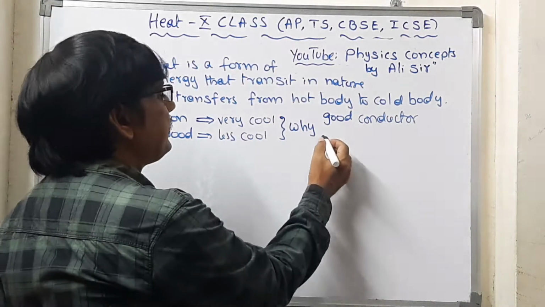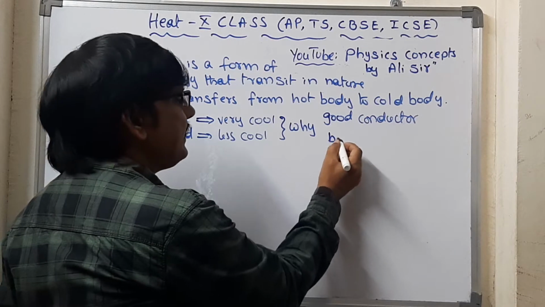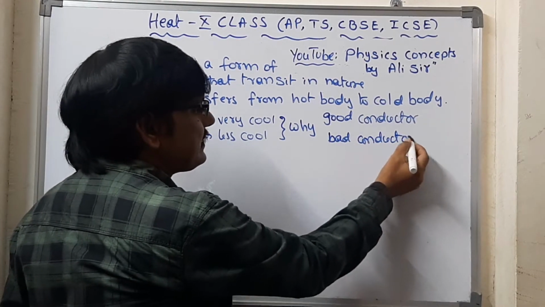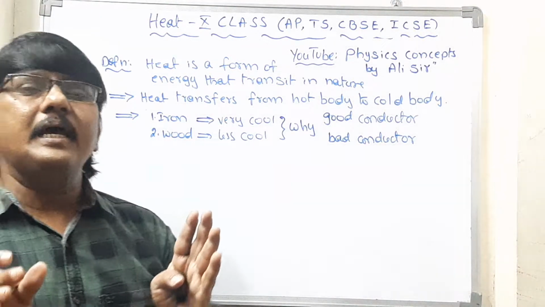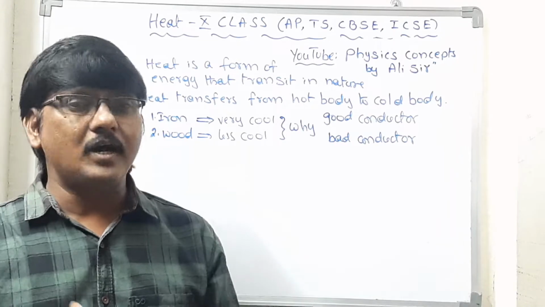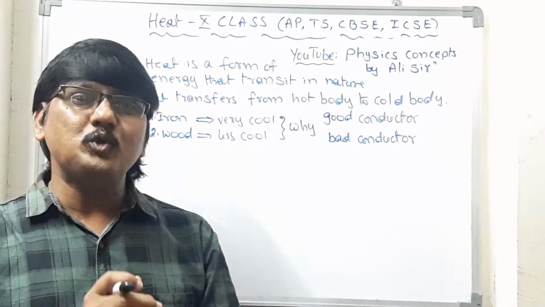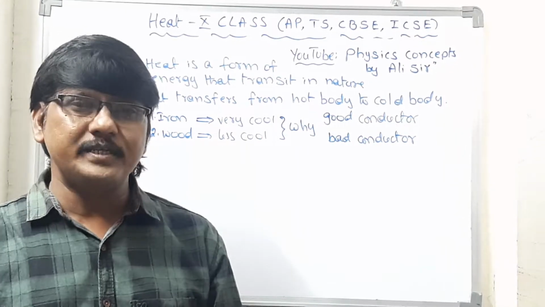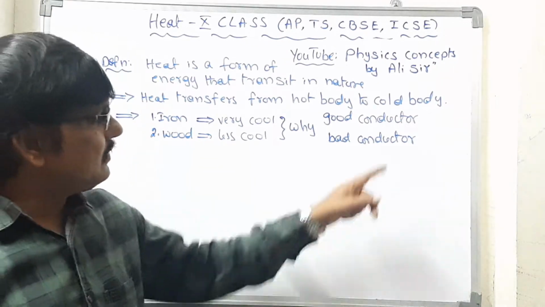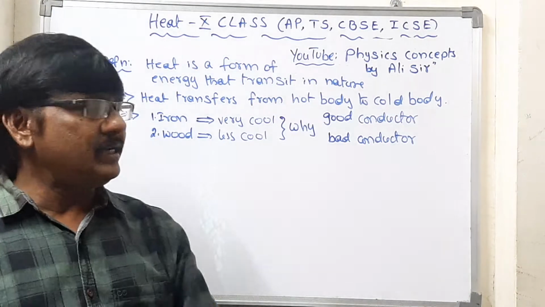And wood is a bad conductor, also called an insulator. Its capability to receive coolness or hotness is very less. That is why it holds very little coolness, and when we touch it, we feel very little cool compared to iron.